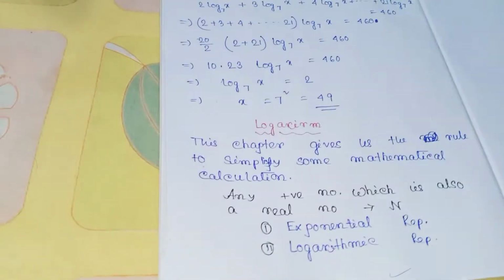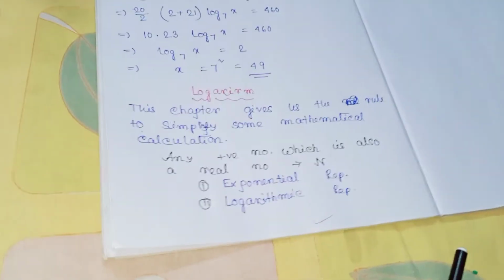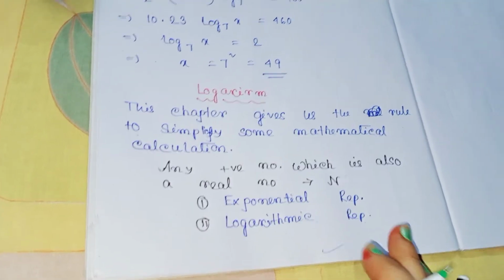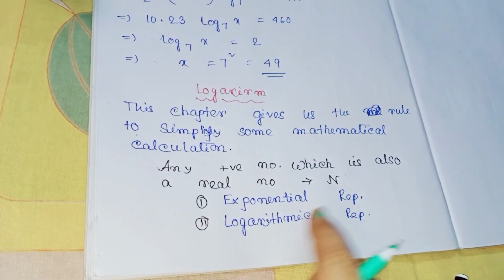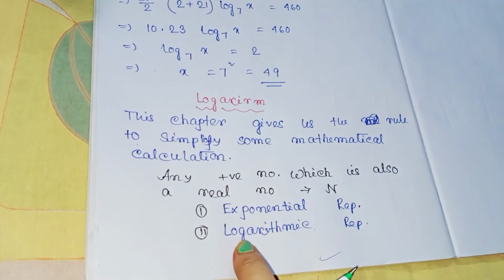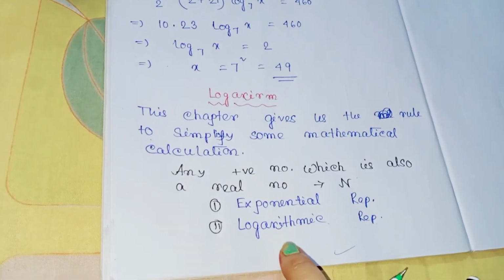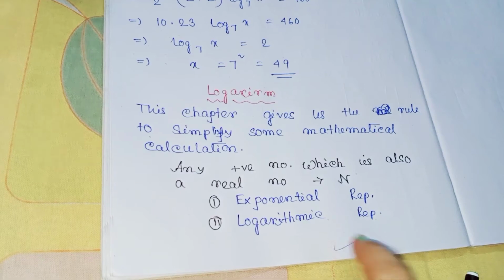So any positive real number n can be represented as an exponential representation or as a logarithmic representation.